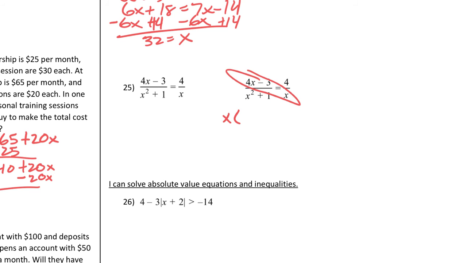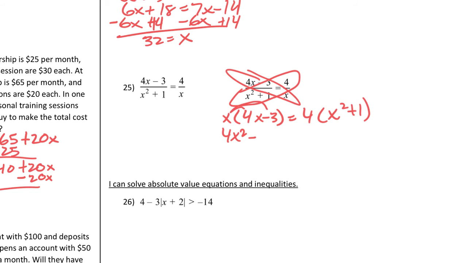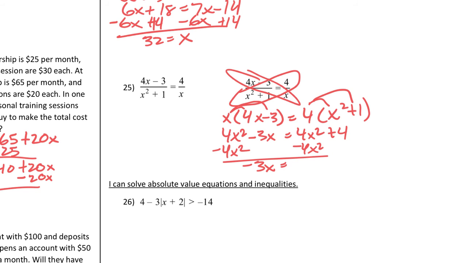So it's x times 4x minus 3, and then multiply those two together equals 4 times x squared plus 1. x times 4x is 4x squared minus x times 3 is 3x. 4 times x squared is 4x squared, and 4 times 1 is 4. If you subtract 4x squared from both sides, then you get negative 3x is equal to 4, so that means x is equal to 4 over negative 3.